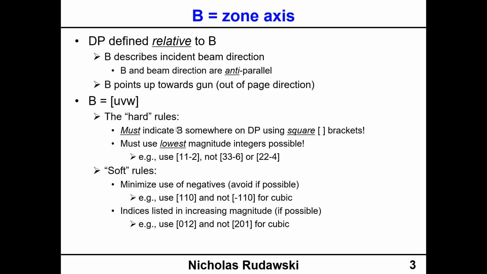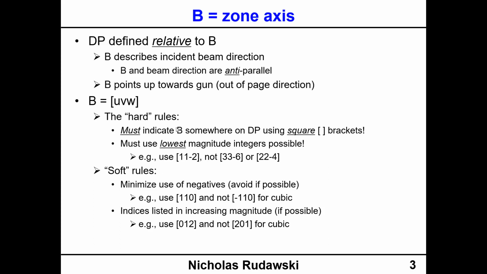So in other words, if we're computing the zone axis to be 1 bar 1 0, we can remove the negative and call it 1 1 0, because those are equivalent and in the same family for a cubic crystal. And then the other soft rule is we list the indices in increasing magnitude.